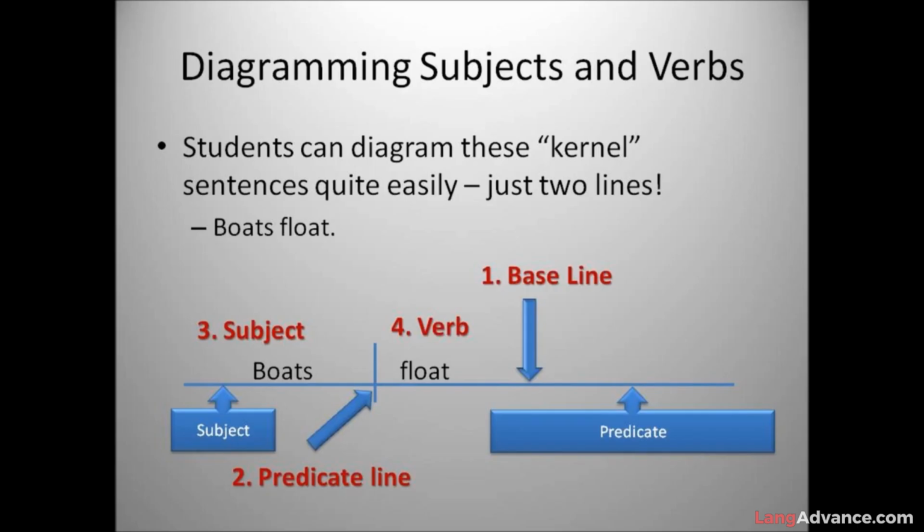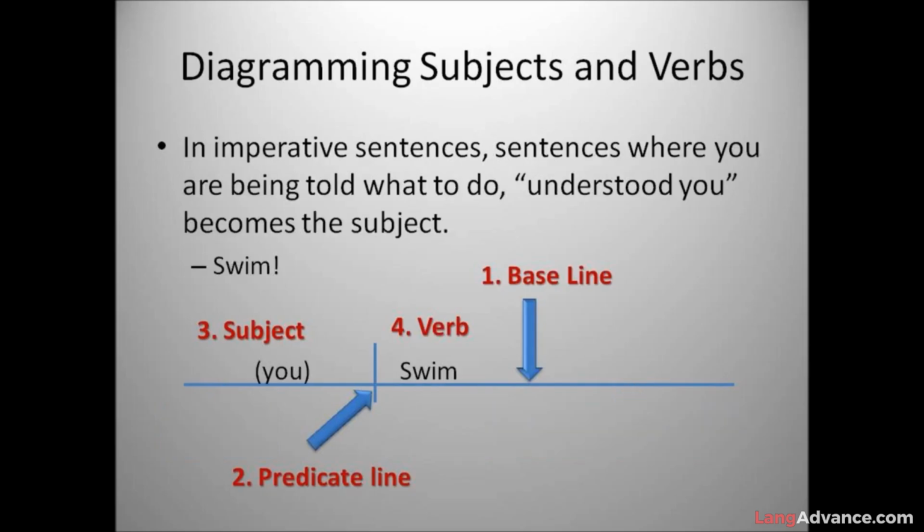Then we can fill in what our subject is, and we can fill in what our verb is. So for the sentence boats float, we would put boats on the left side of the divider line and float on the right side of the divider line on top of the baseline. It's that simple.